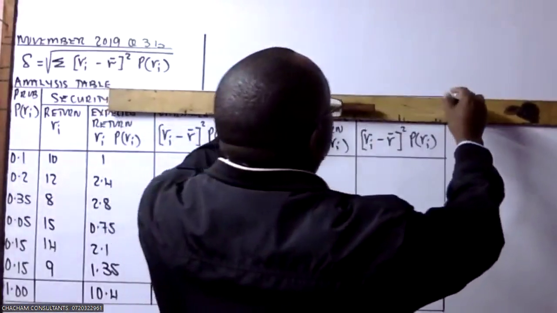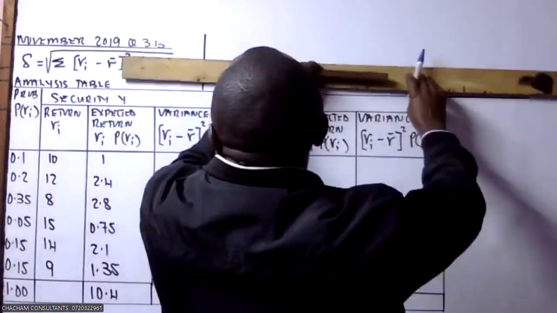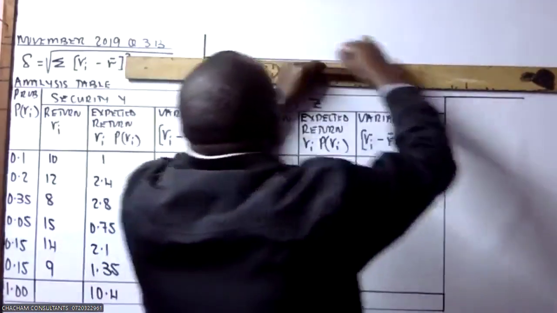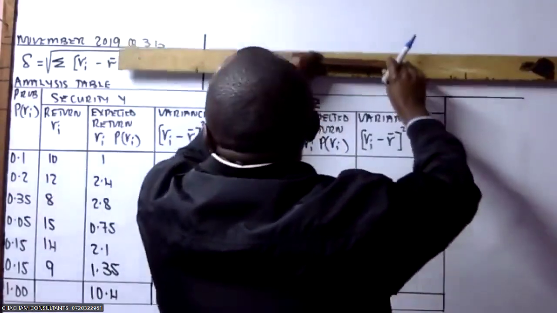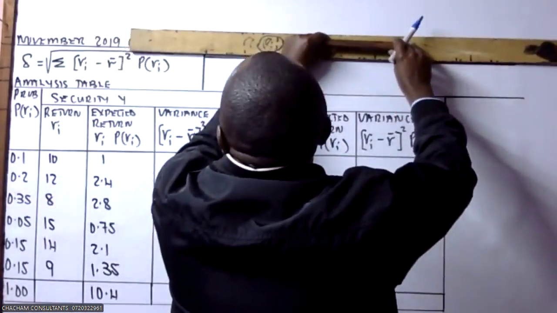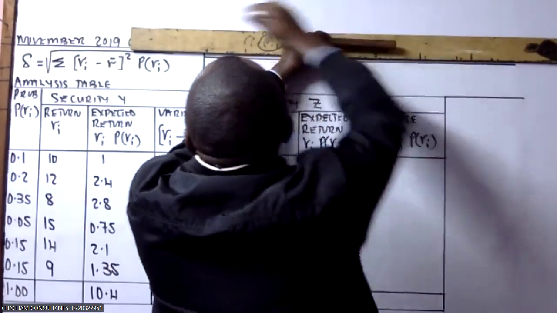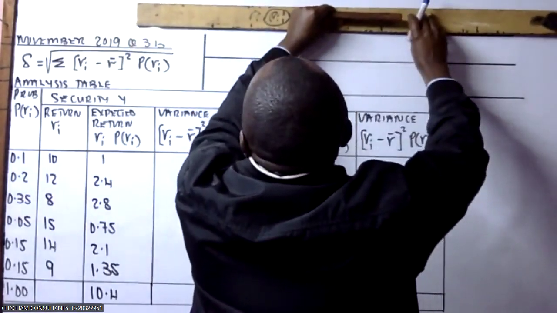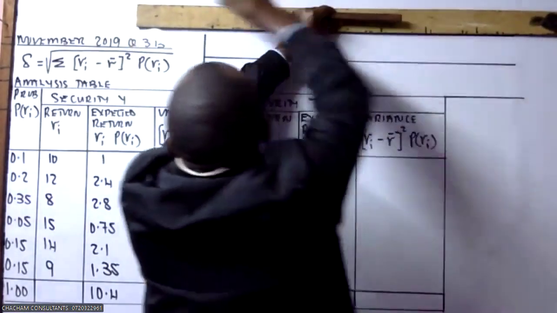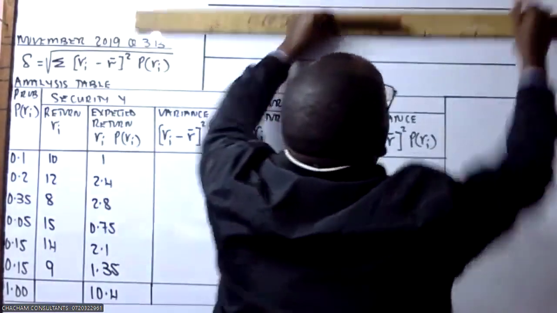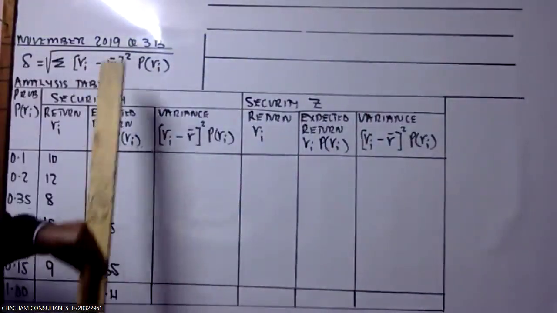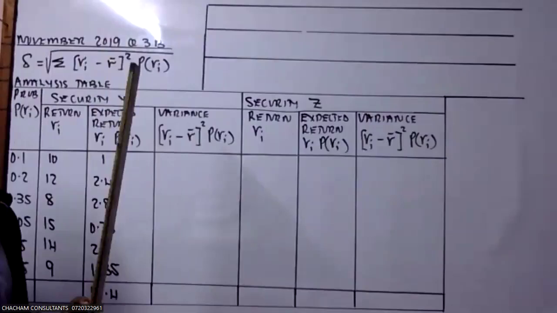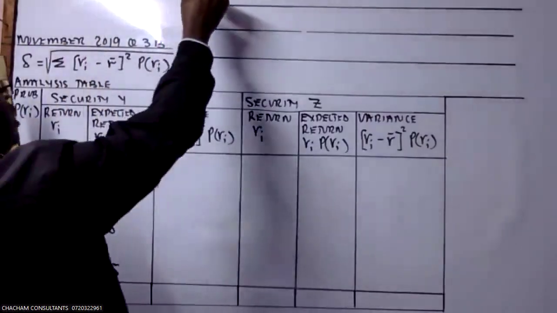You can draw a table that we shall call summary. Below that, draw a table that we are going to call summary.